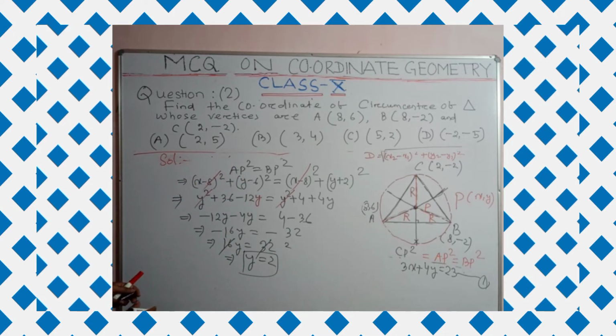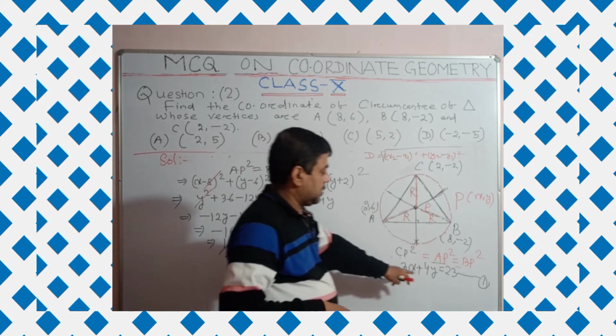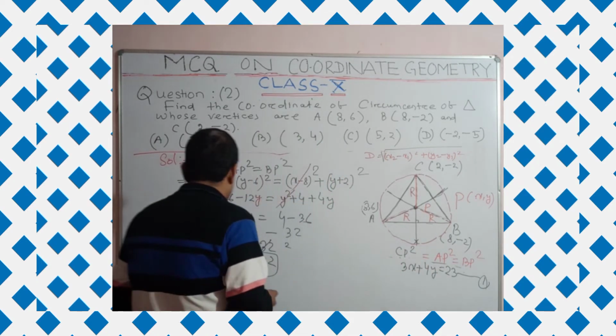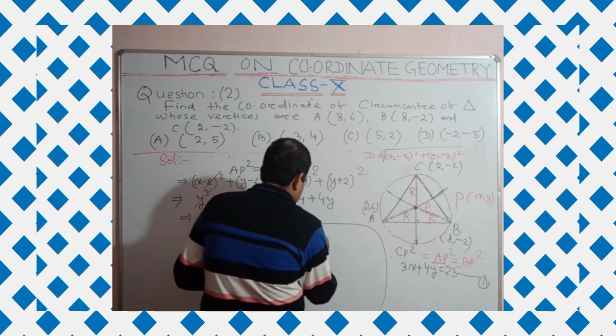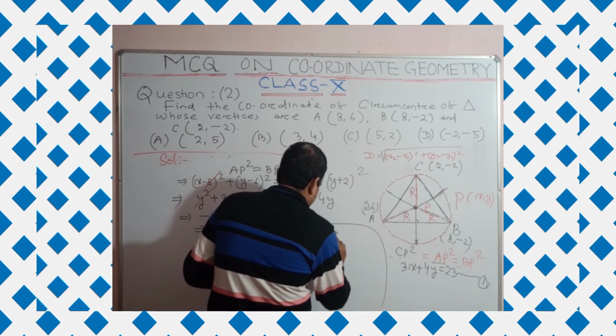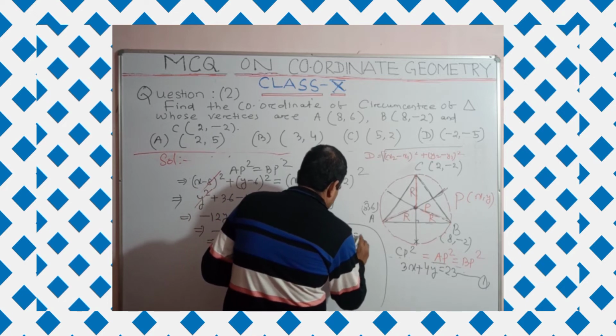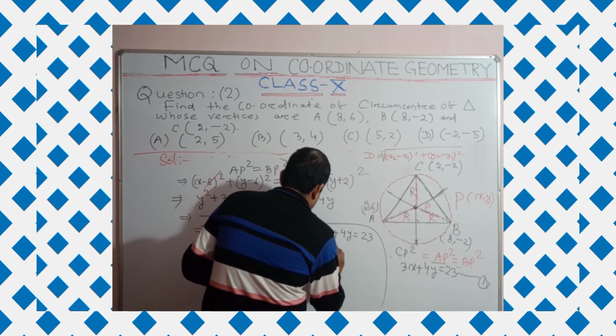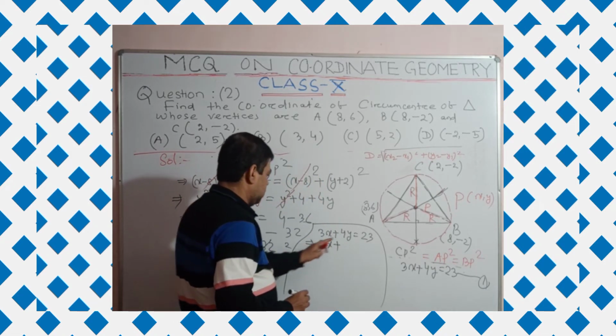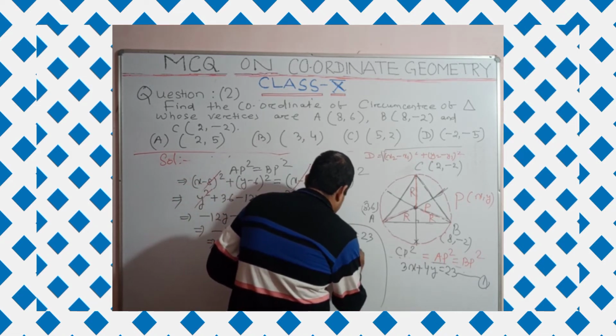Here the value of y is 2. Now putting the values in the equation 3x plus 4y equals 23. So 3x plus 4 into 2, that is 8, is equal to 23.